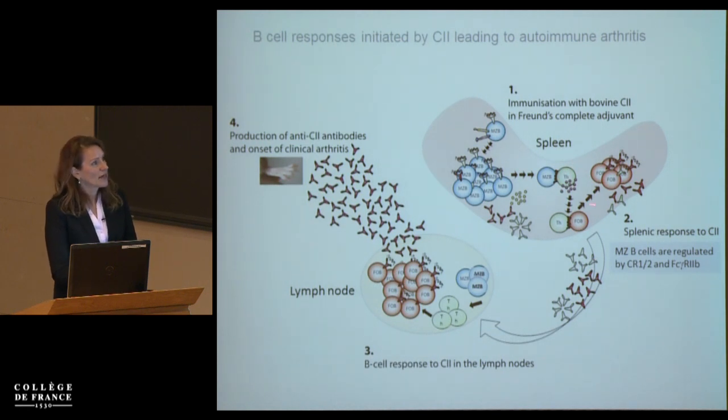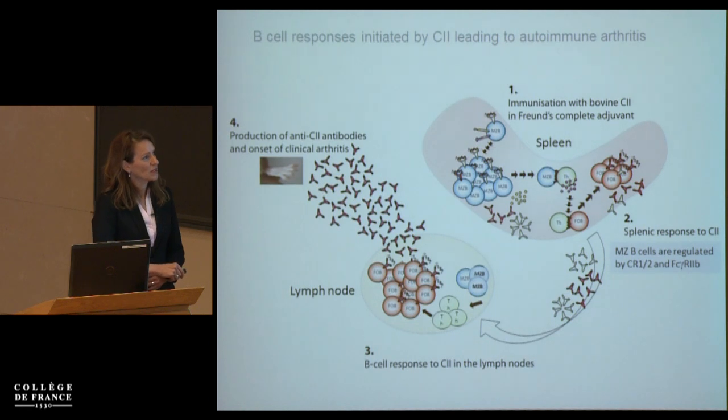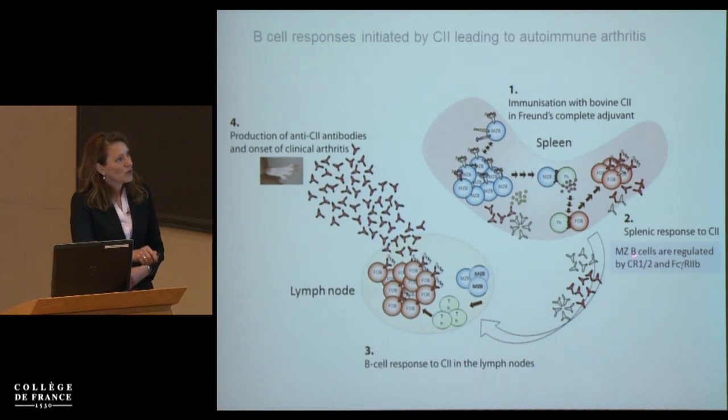And the T cell will then give help to the follicular B cells, which will then produce these high affinity IgG antibodies. And we know that these receptors on the marginal zone B cells will regulate this self-reactivity, because lack of these receptors makes the marginal zone B cell much more responsive, especially to toll-like receptor stimuli.